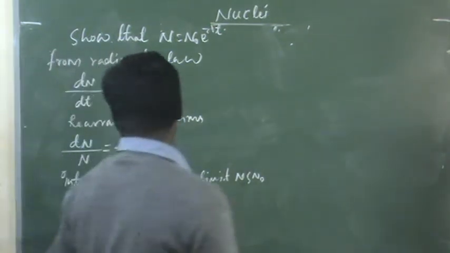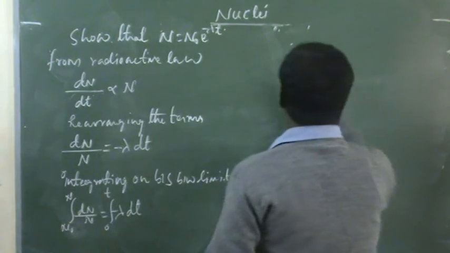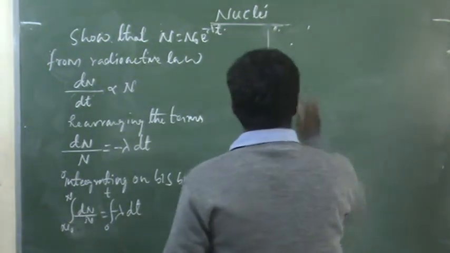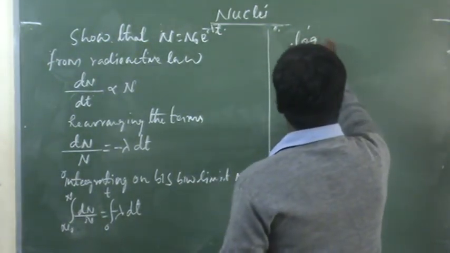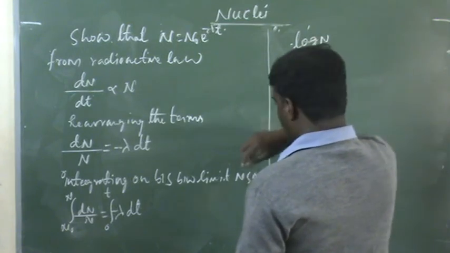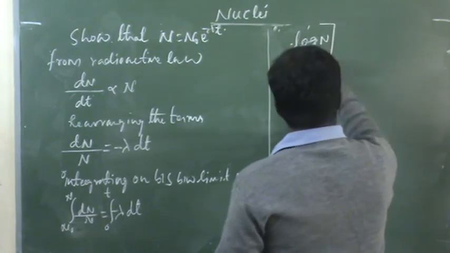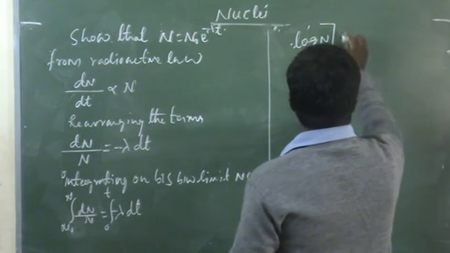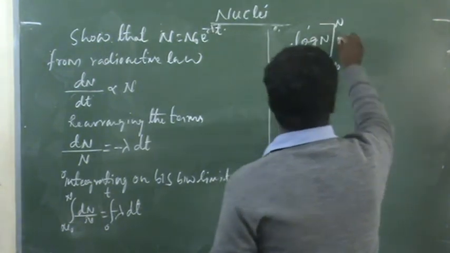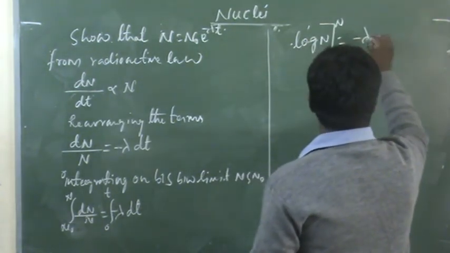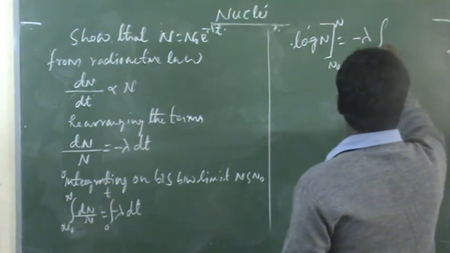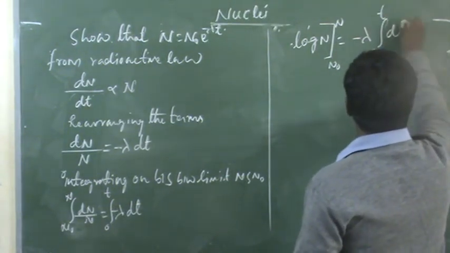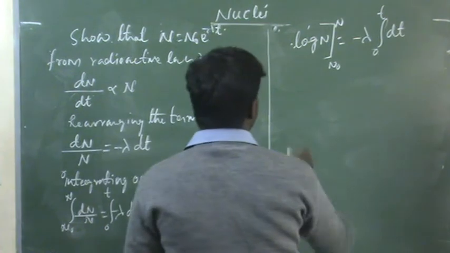So integration of dN by N, that is integration of 1 by x, is log x, log N, between the limits N naught to N, equals minus lambda, the constant, integration of dt from 0 to t.